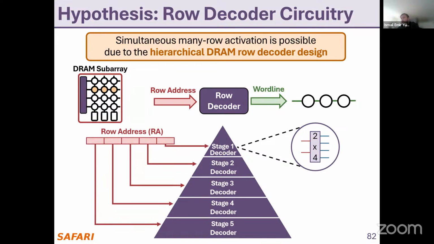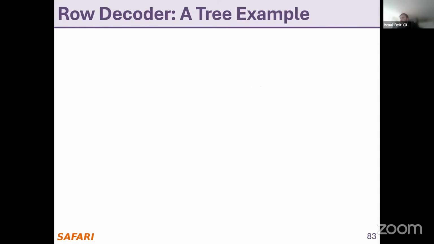So when we give the row address, it's split into many parts, and DRAM feeds those individual parts to different stages of decoder circuitry. And at the end, we assert one word line.